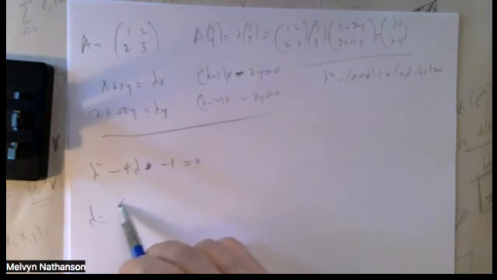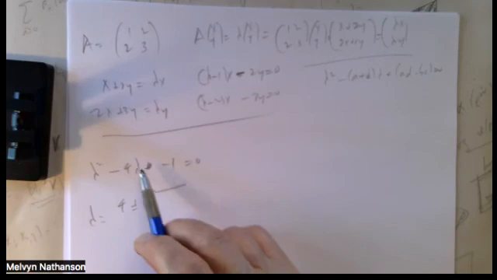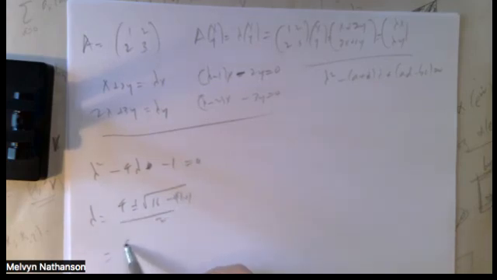So lambda is minus B, that's plus 4, plus or minus the square root of B squared minus 4AC, minus 4 times minus 1, over 2. That's 4 plus or minus the square root of 20 over 2. That's equal to 2 plus or minus the square root of 5.